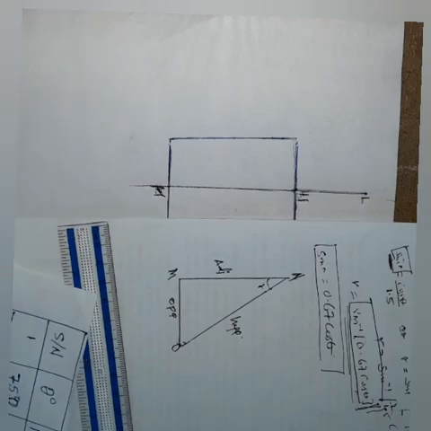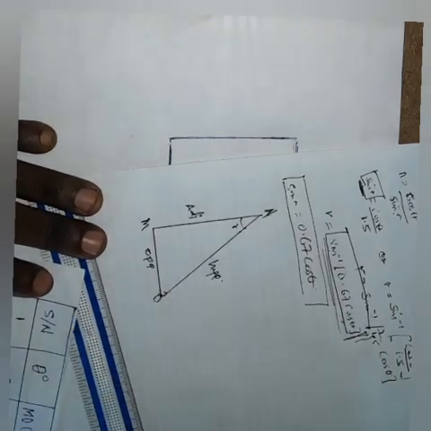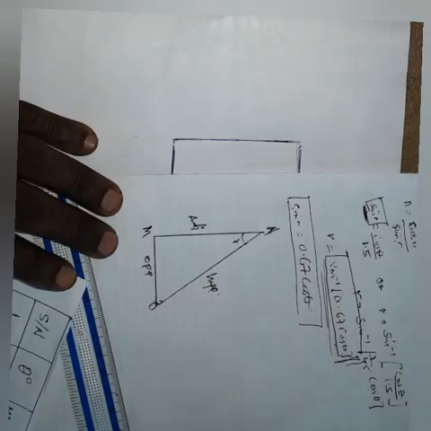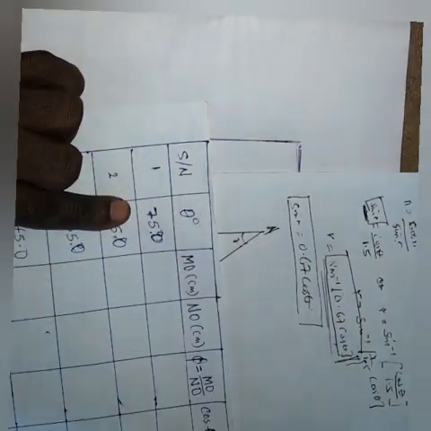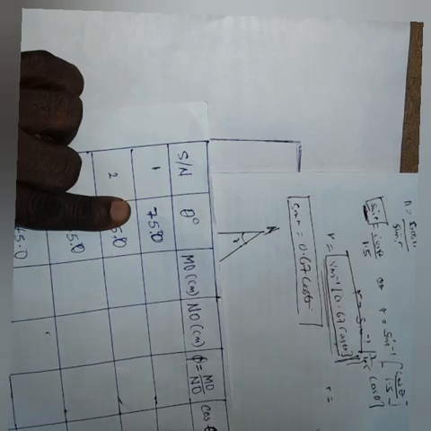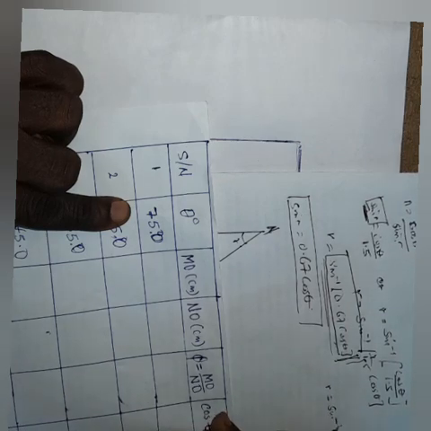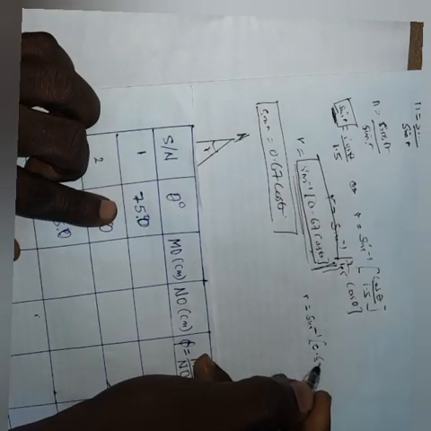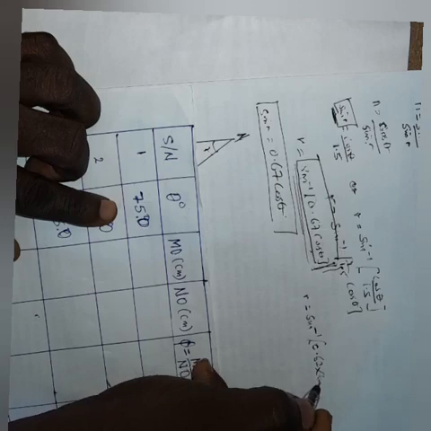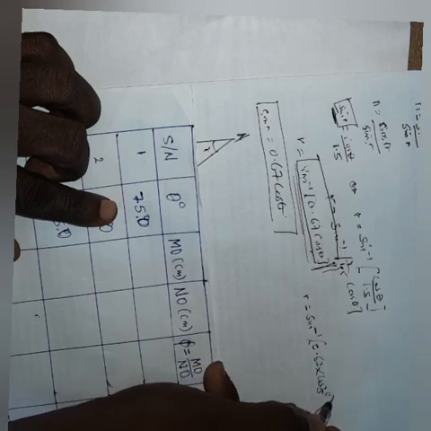Now if I'm going to use this, the first angle here is 75 degrees. So my r is going to be equal to arcsine of 0.67 times cos 75 degrees.